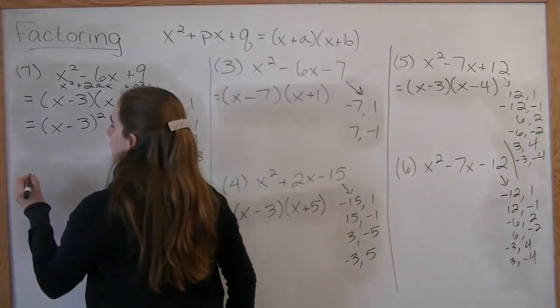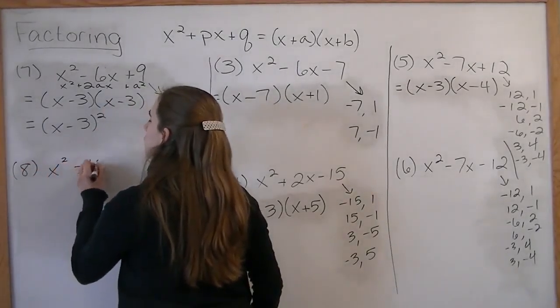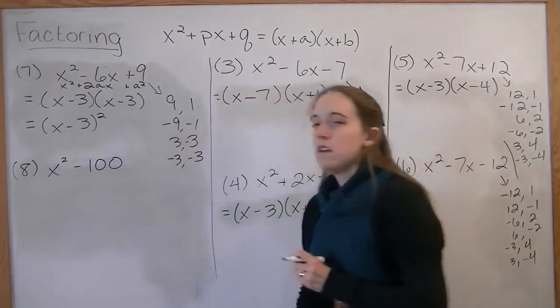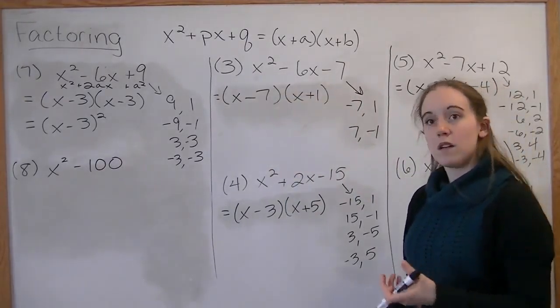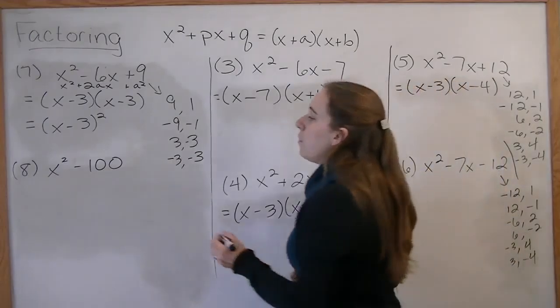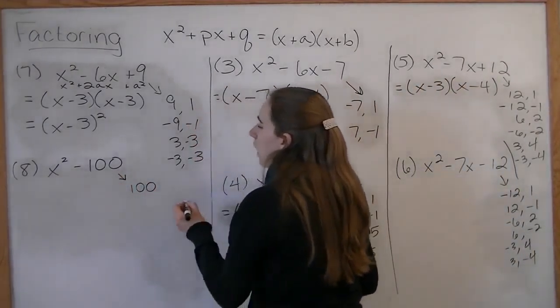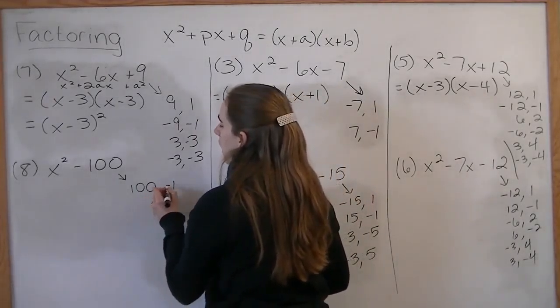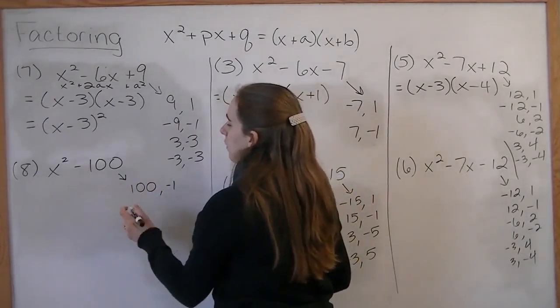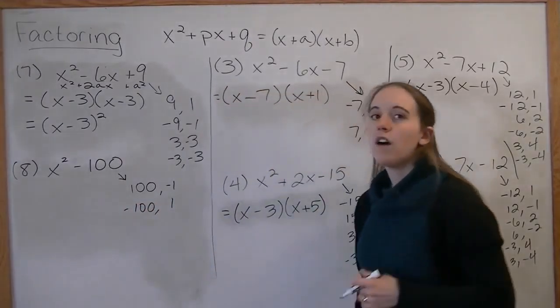The other thing we had talked about, or you may know of, is the difference of two squares. So we have two numbers that are both perfect squares and we're subtracting them. So if we think about 100, the pairs that multiply to be negative 100 are 100 and negative 1, negative 100 and positive 1, and then there are a whole bunch more.